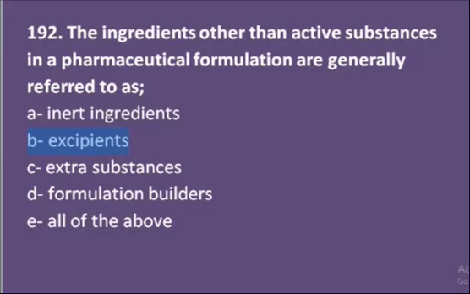So that is not actually so inert, because in doses higher than the recommended level in a pharmaceutical formulation, it can produce diarrhea. So magnesium stearate, although it is an excipient, can produce diarrhea in higher than recommended doses. So it is not so inert, and they cannot be called inert ingredients.